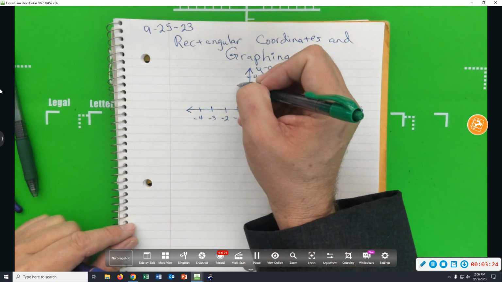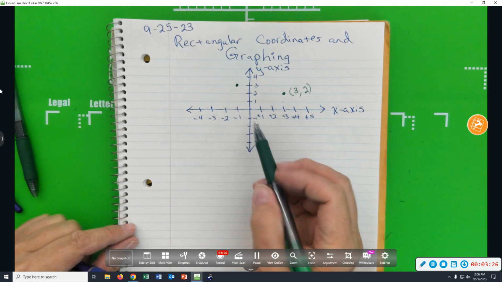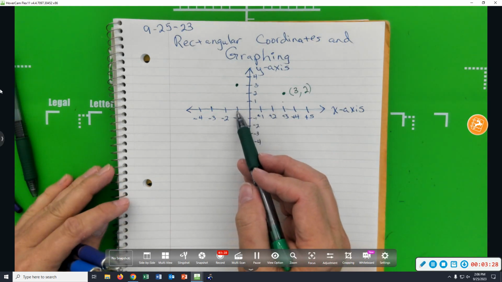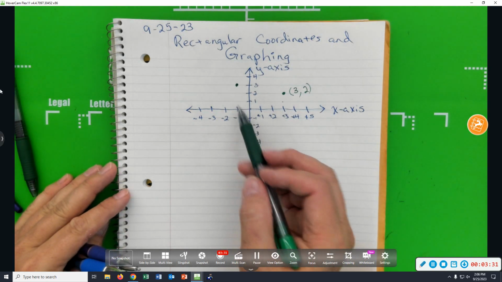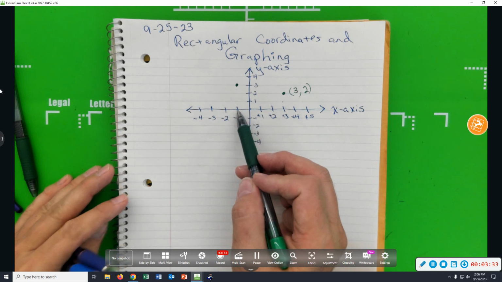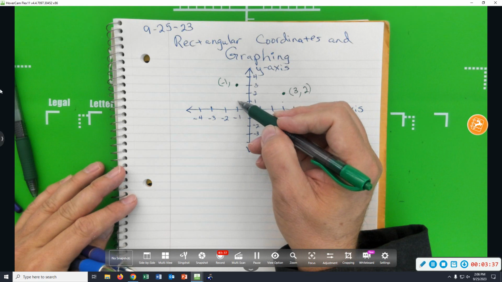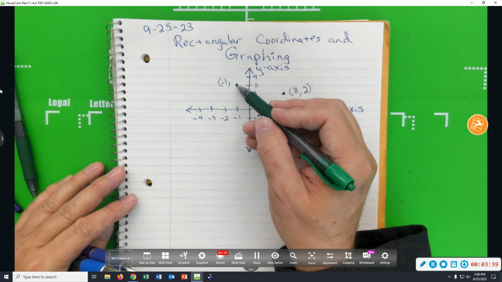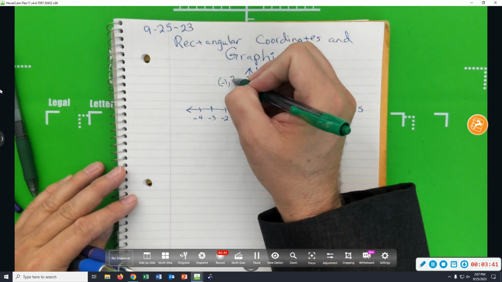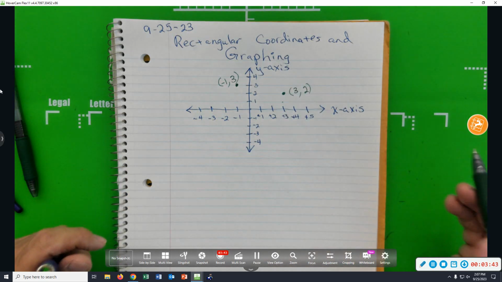What about this spot here? You'd go to the left 1 unit to get lined up with that dot. So we'd say the x-coordinate is negative 1. You'd then have to count up 3 units in the positive direction, so the y-coordinate is positive 3.